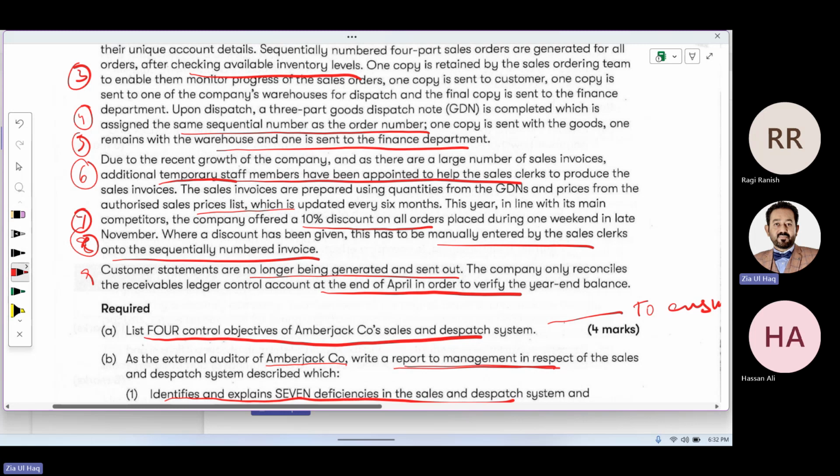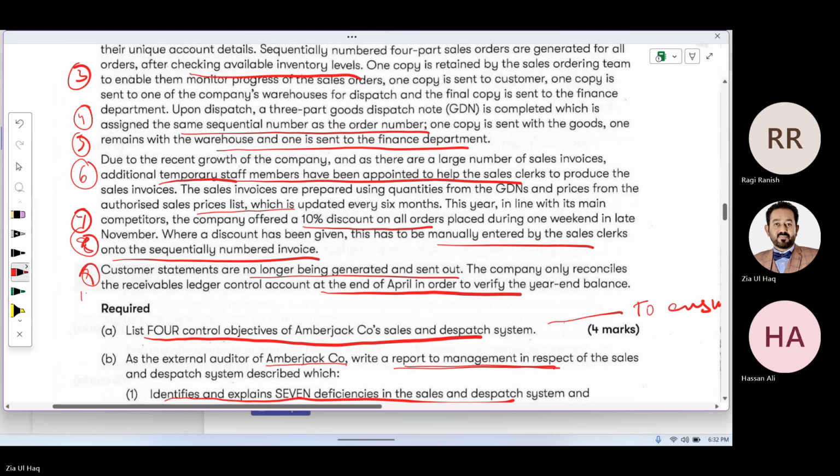And at the end of the year, there might be too many errors requiring adjustment. So what you need to do on a regular, say monthly, basis is that the receivable ledger should be reconciled with the control account to investigate and correct any differences.